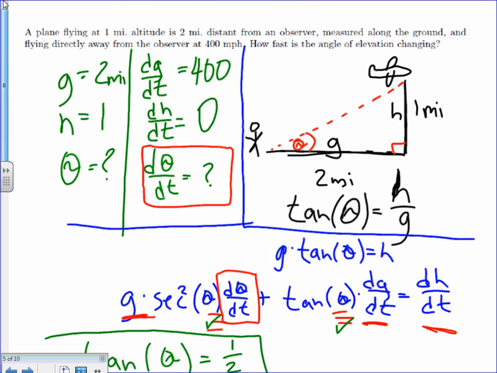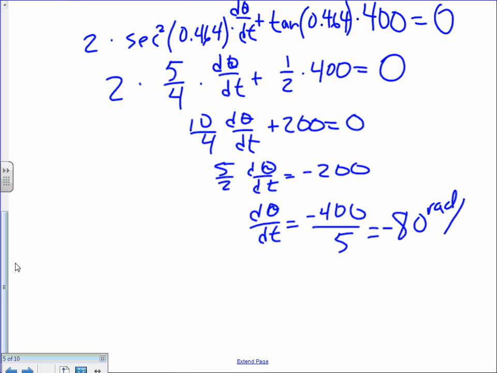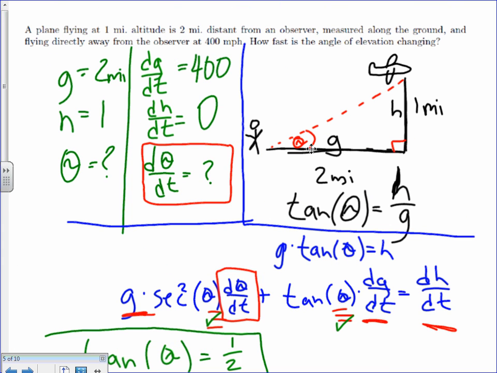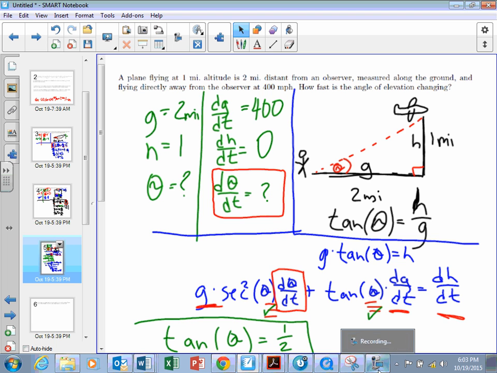Because we were in miles per hour, so negative 80 radians per hour. I guess per hour that might not be that crazy, because the angle is definitely going to be decreasing at some speed, and taking it over per hour, that might increase it a lot. I'll go back to that one and check it real quick. I'm going to pause the video and do the work out again.